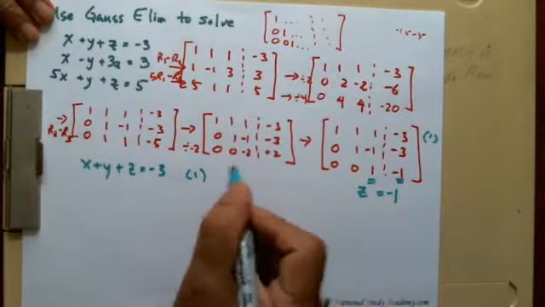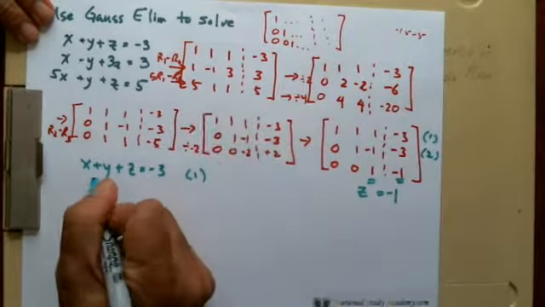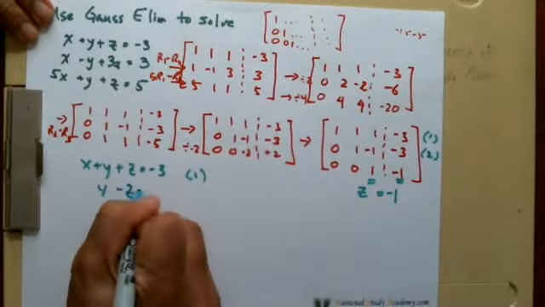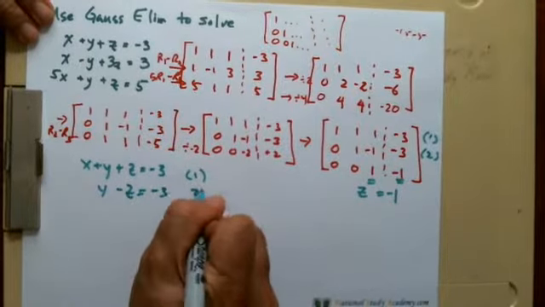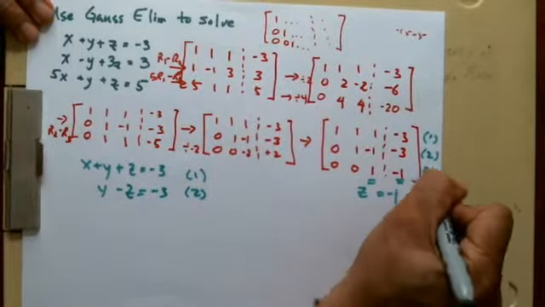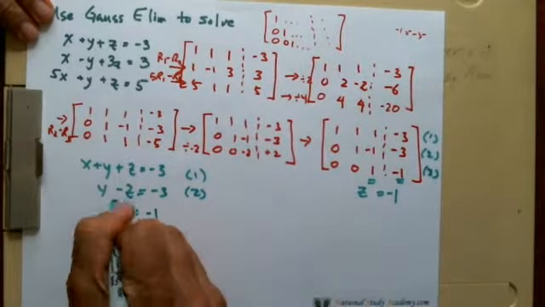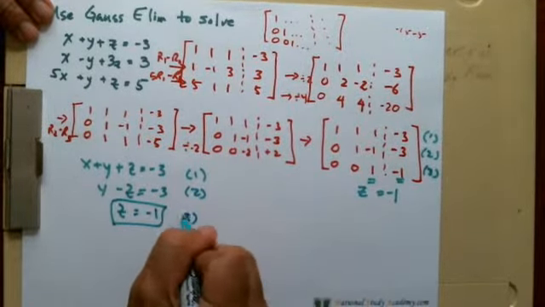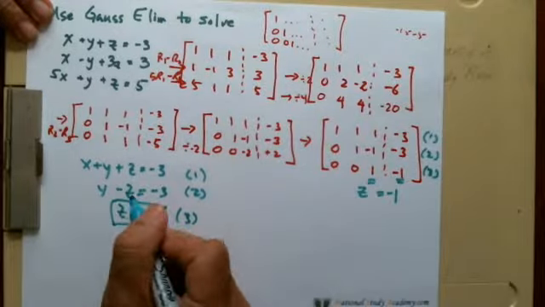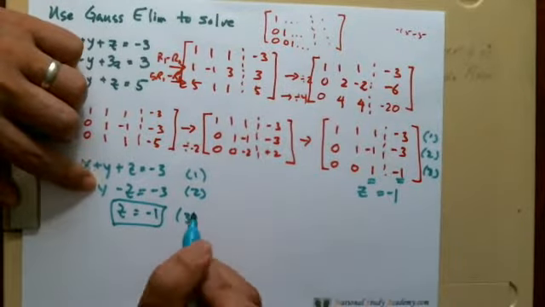And equation 2 is going to be y minus z is equal to negative 3. That's equation 2. Equation 3 is z is equal to negative 1. We already got this right over here.